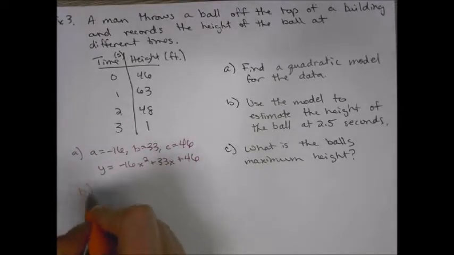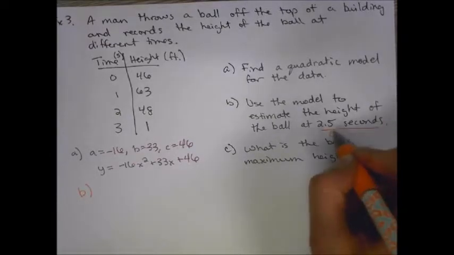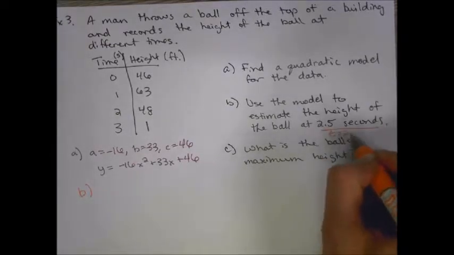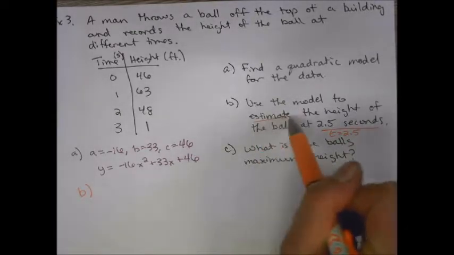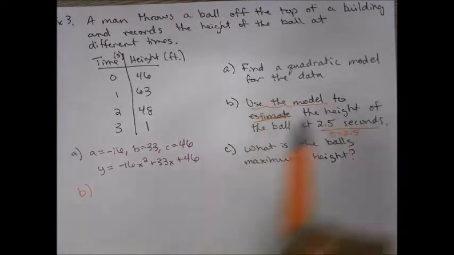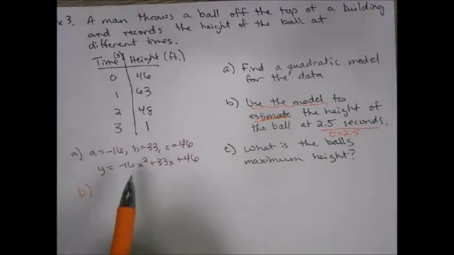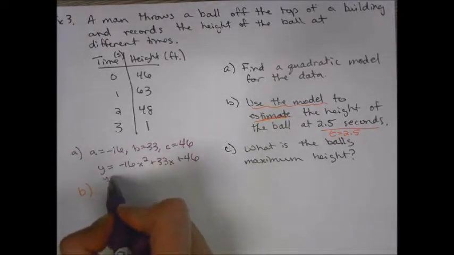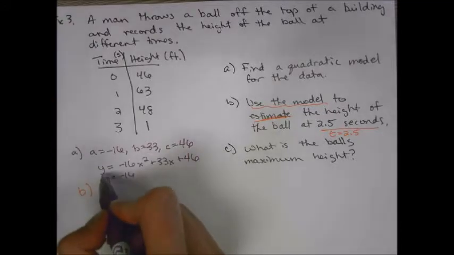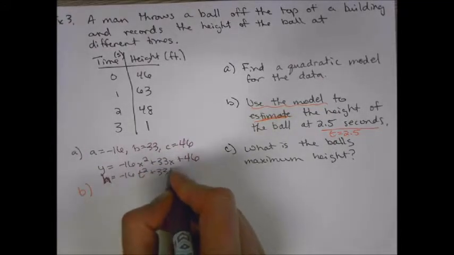Part B, use the model to estimate the height at 2.5 seconds. So this is telling us t equals 2.5. And since we want to estimate, we're going to use the model. So we're going to plug 2.5 in for our x. And if you wanted, you could have done height, h equals negative 16t squared plus 33t plus 46.